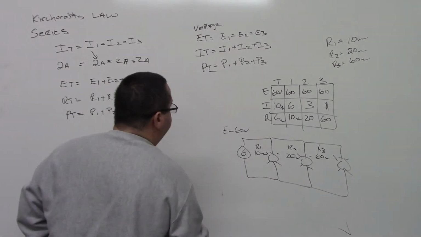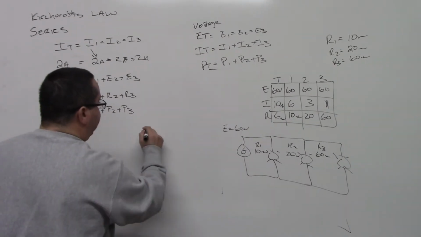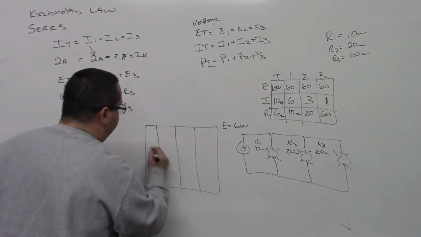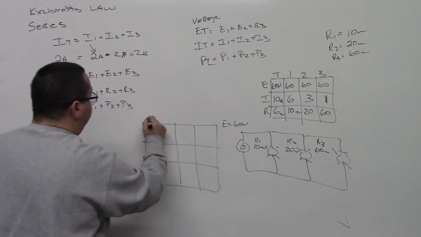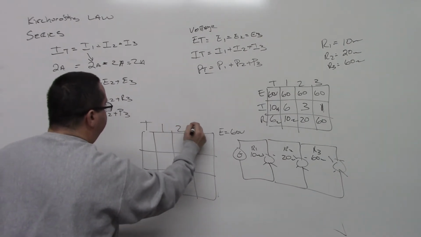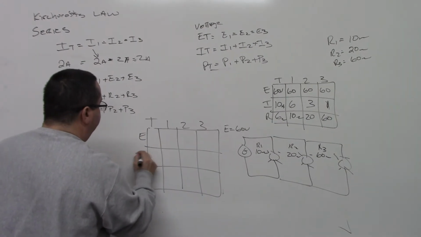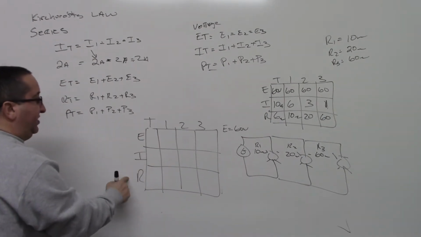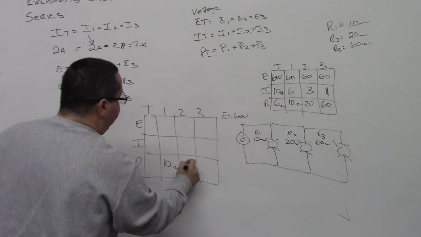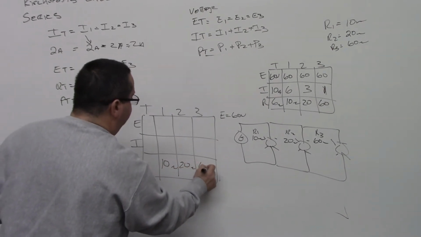Watch this. Let's make another, this is called the matrix. Just watch. 1, 2, 3, total. E, I, R: voltage, current, resistance. We're going to use the same numbers: 10 ohms, 20 ohms, and 60 ohms.